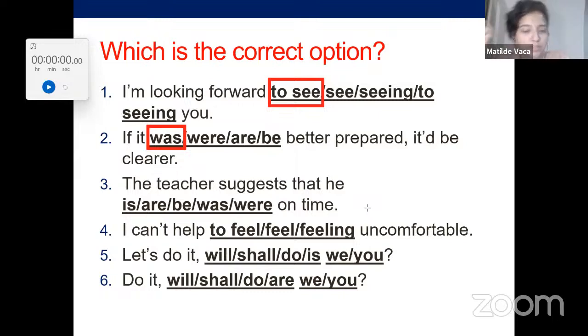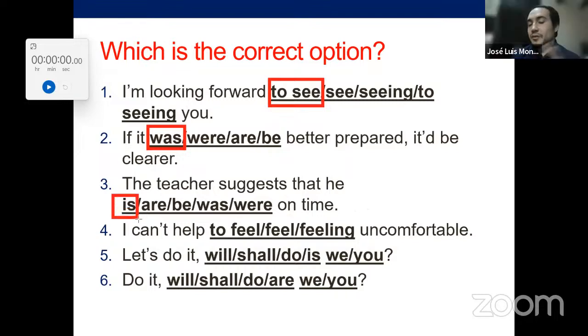The teacher suggests that he is on time. All right. And what is the other one, just in case? What do you think is the other possibility? That he was on time. Okay, let's then have those 2, just in case.